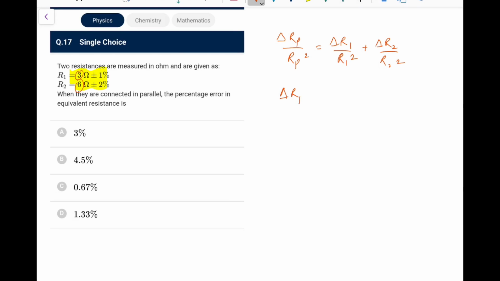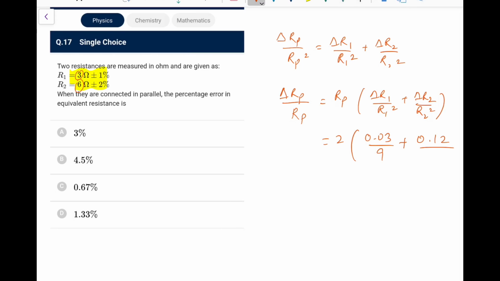So delta Rp upon Rp, I can write it as Rp into delta R1 by R1 square plus delta R2 by R2 square. That would be beneficial for us. This will be 2 into delta R1, because it is 1%, this is 3 into 1%, that is 0.03 by 9, plus 0.12 by 36.